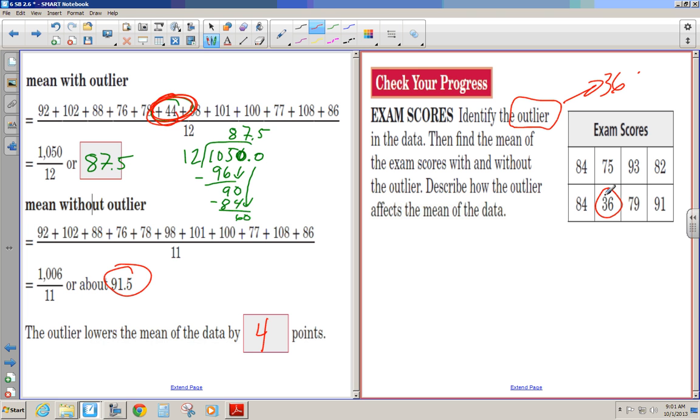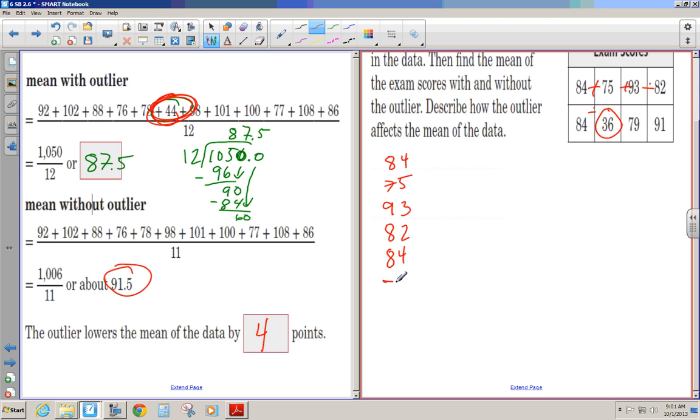So, let's do it with the outlier first. Let's add all these up. 84, 75, 93, 84, 75, 93, 82, 84. I'm going to add the outlier in there last, and you'll see why in a minute. 36.